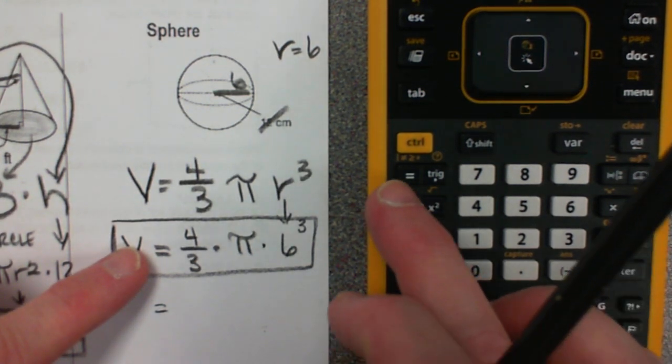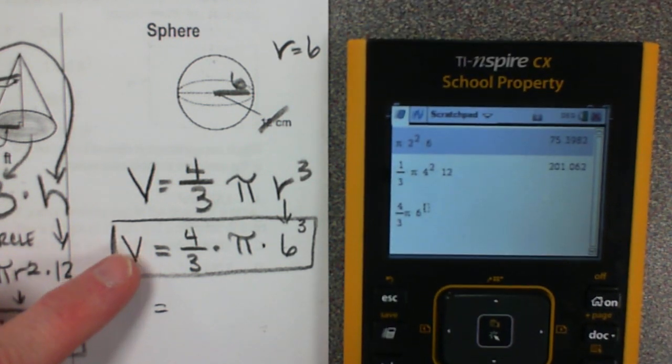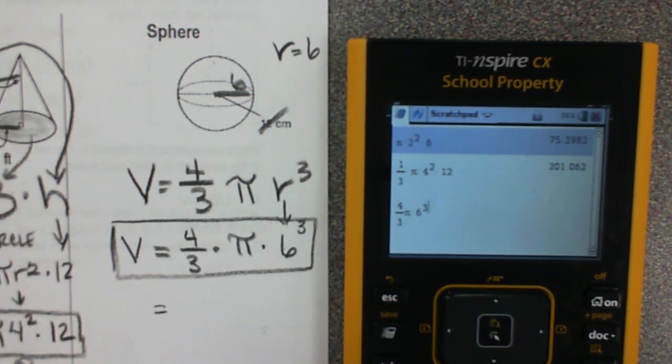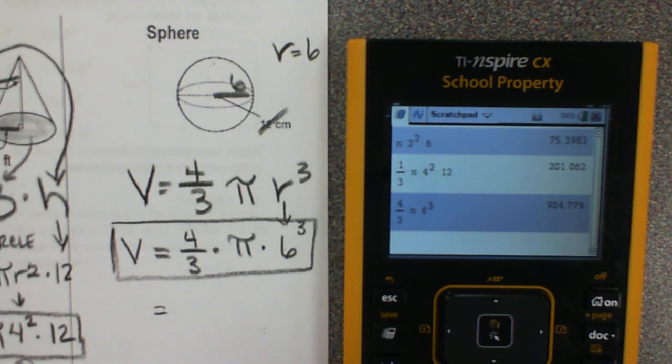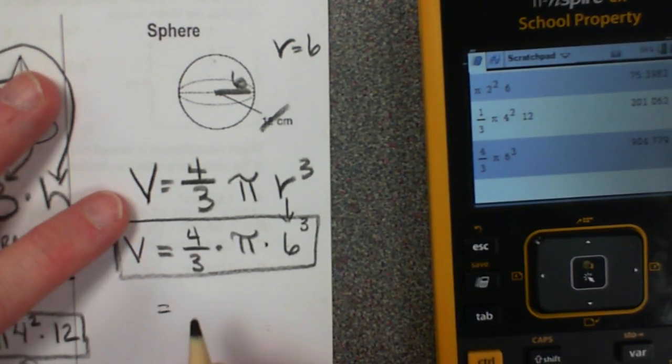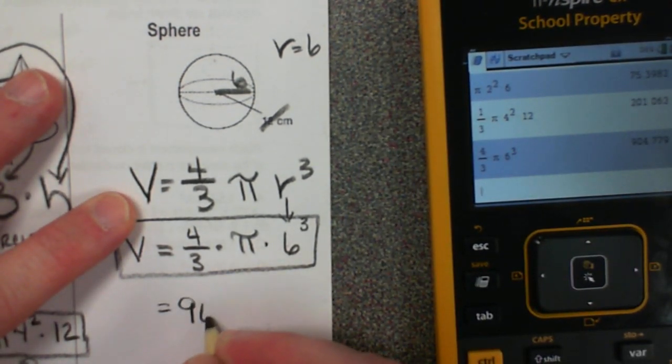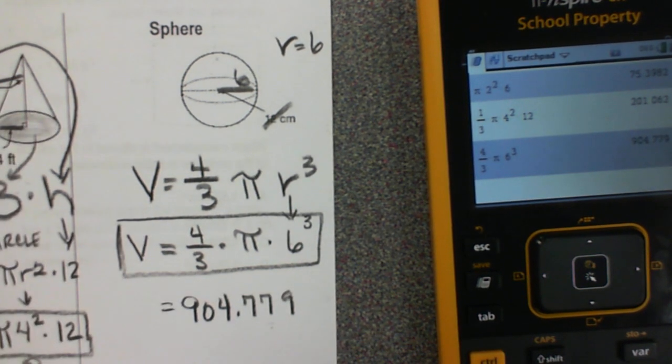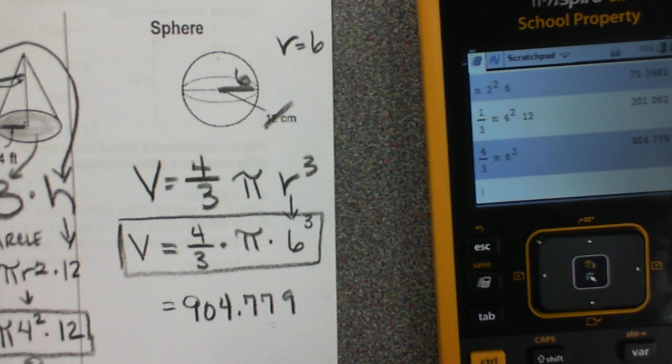Okay, in this case, it's to the power of 3. It's going to show up just like that. I'll substitute a 3 in there and hit enter. 904.779.